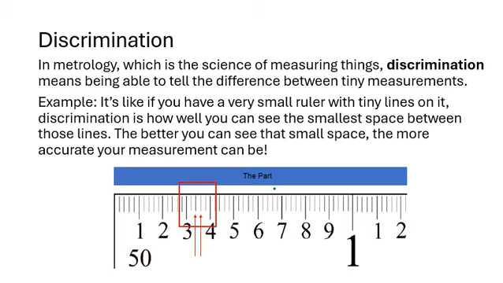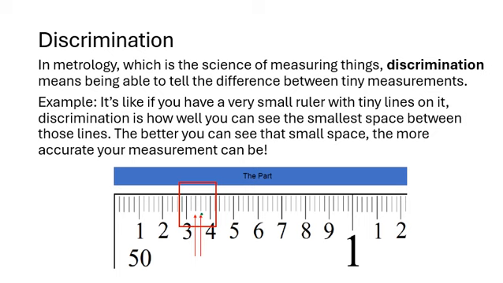So that's the degree of precision, and it's more about the consistency of the measurements taken by this instrument or the person who is using the instrument to take the measurement. For discrimination, it's just about the smallest measurable increment on that instrument.